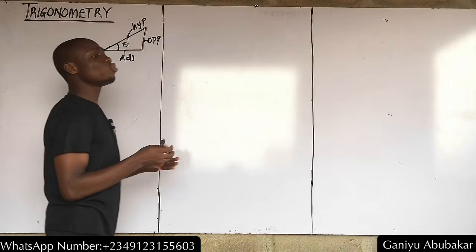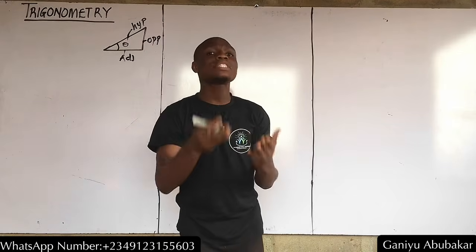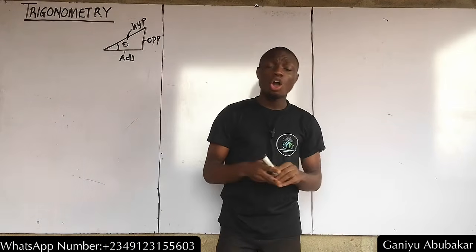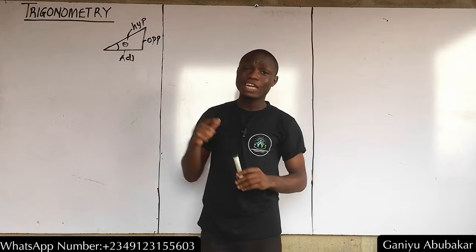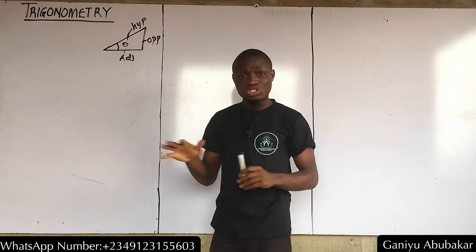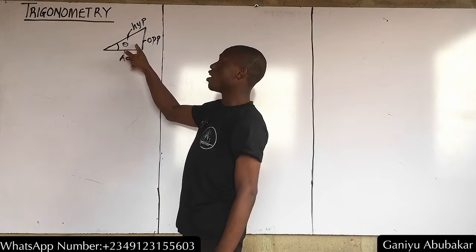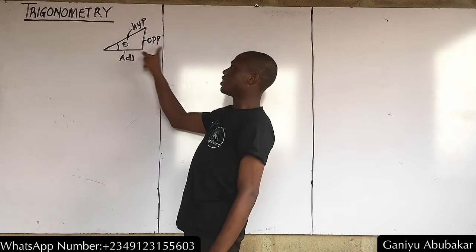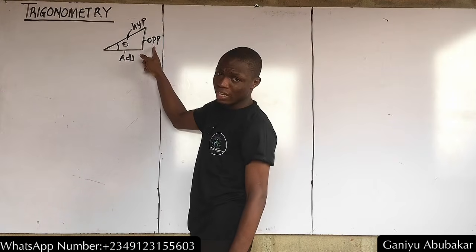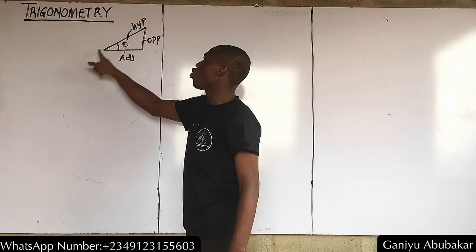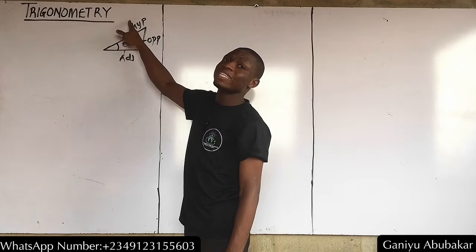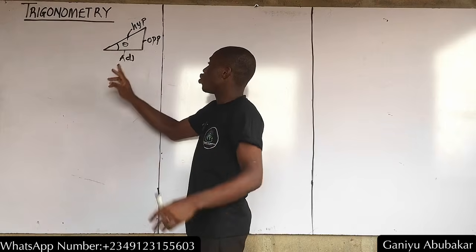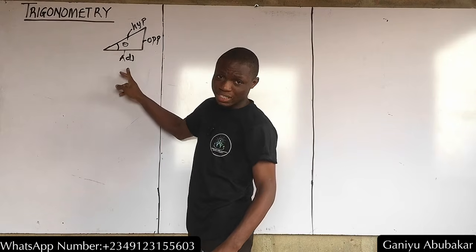So know how to label the hypotenuse, opposite, and adjacent in a right angle triangle. For this triangle, my angle is facing this side. This becomes the opposite. The longest side is called the hypotenuse. Automatically, the remaining side is called the adjacent, which is this.